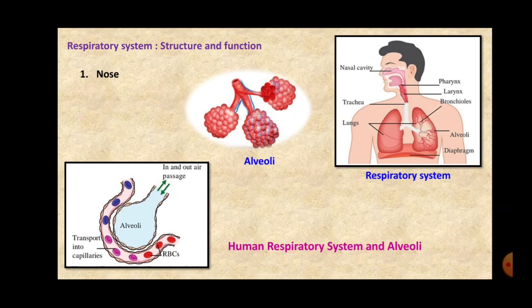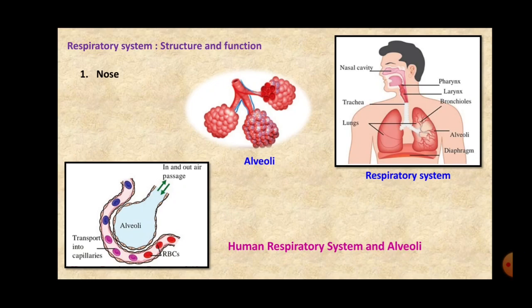Now the cavity which is present inside the nose is called the nasal cavity, as you can see inside the picture. Okay. So here we have hair and we have mucus present inside these nasal cavities. So with the help of the hair and the mucus that is present inside the nasal cavity, the air is filtered.